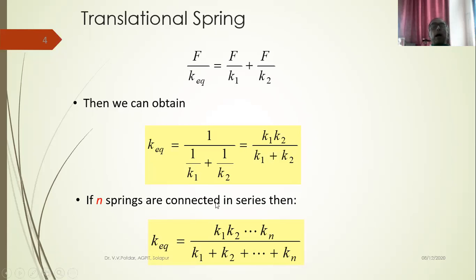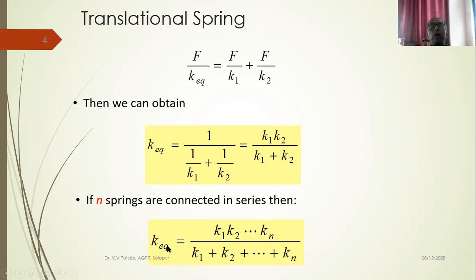If I have n springs that appear in series but as per Raven's nomenclature are in parallel, then K equivalent will be the product of stiffnesses upon the summation of all the stiffnesses.